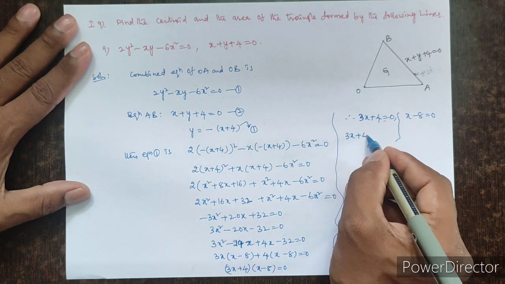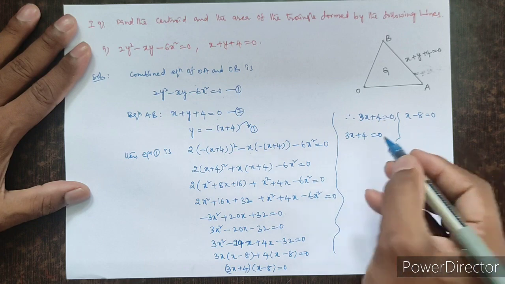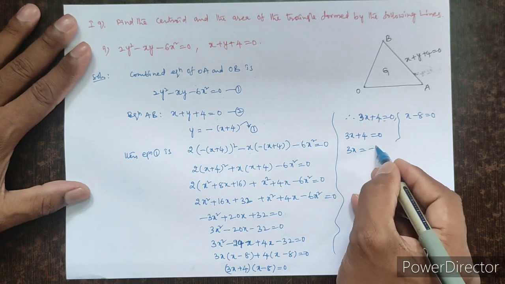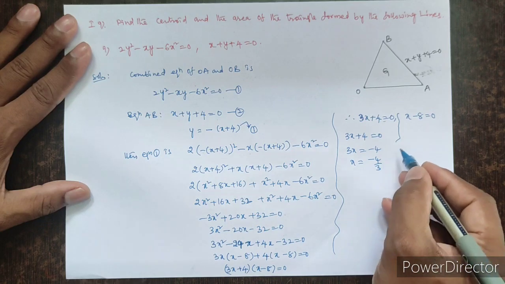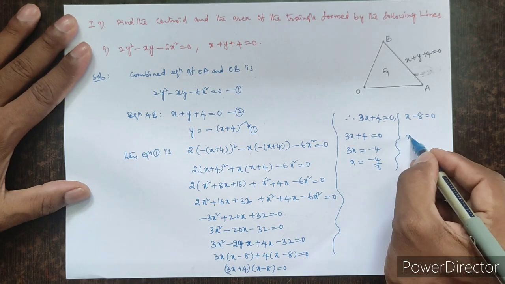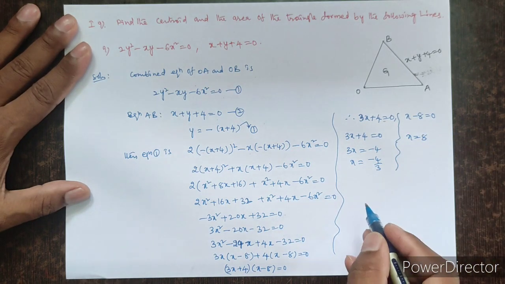3x plus 4 equal to 0 means 3x equal to minus 4, x equal to minus 4 by 3, or x equal to 8.